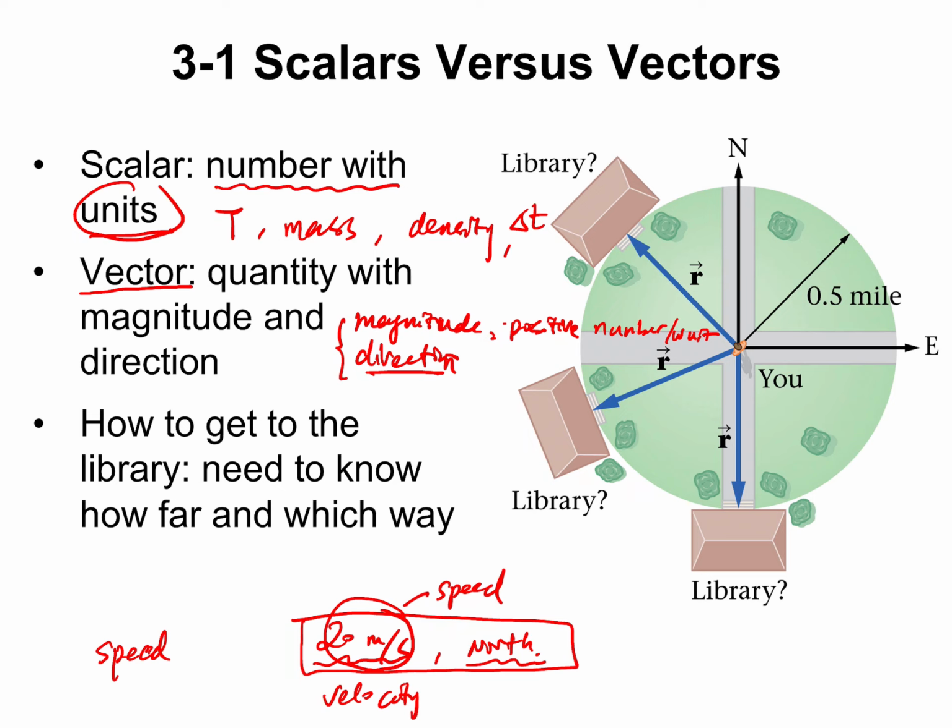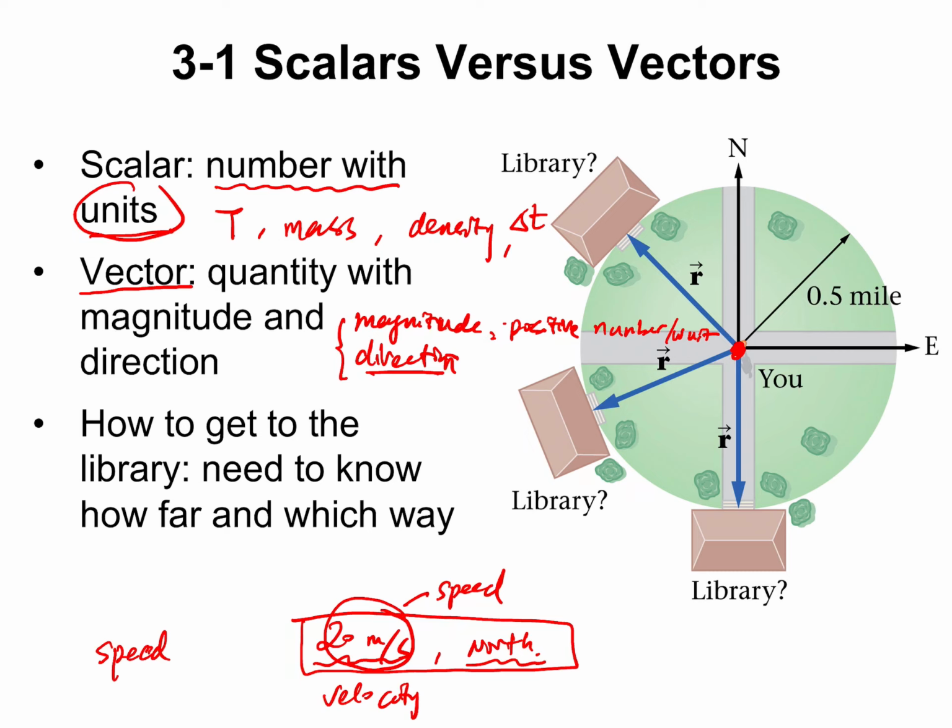Well, let's see an example. This diagram tells you here is your location. You want to go to the library. The distance to the library from you is 0.5 mile. You can tell, right? And direction is important, so which direction you go.